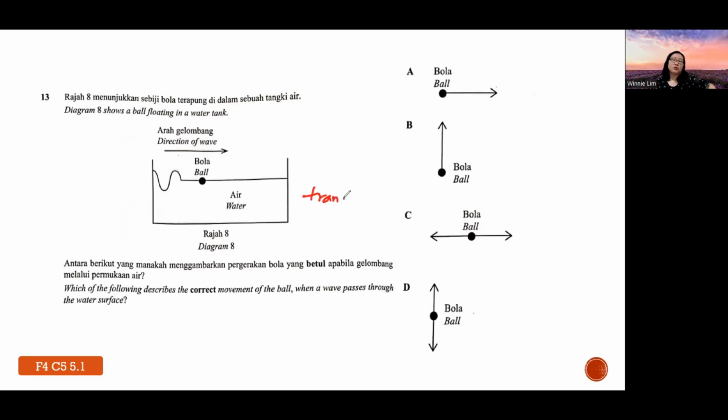If water wave is a transverse wave, that means the direction of the vibration of the particle has to be perpendicular to the direction of the wave. So the ball is like a representation of the particle. So hence it will actually move up and down, along a line which is perpendicular to the direction of the wave. So hence your answer will be D lah.